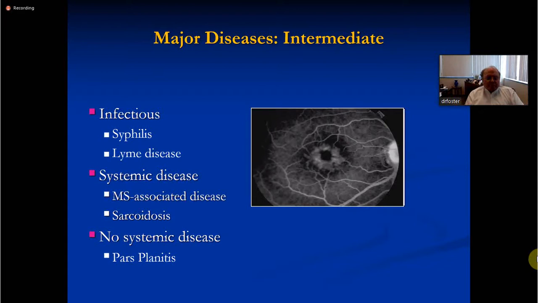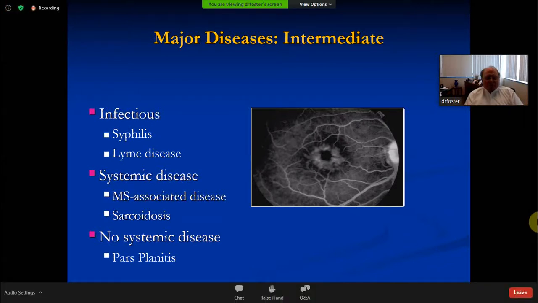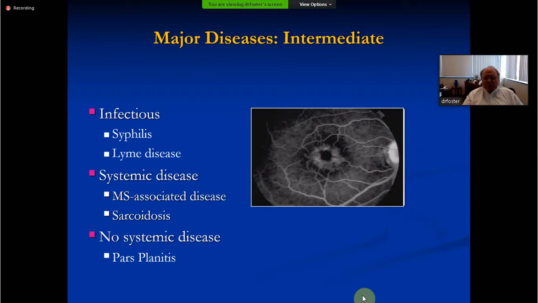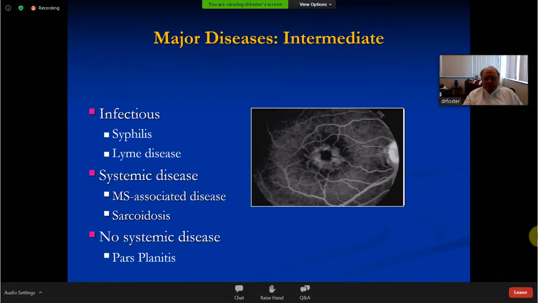The infectious systemic diseases that can cause intermediate uveitis include syphilis and Lyme disease, and of course the non-infectious diseases that are famous for causing intermediate uveitis include multiple sclerosis and sarcoidosis.